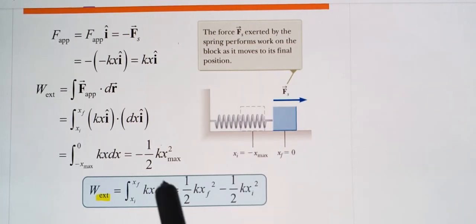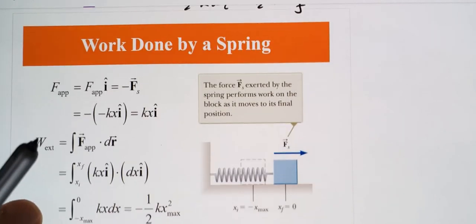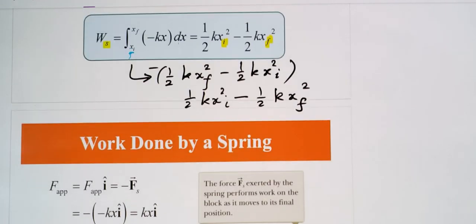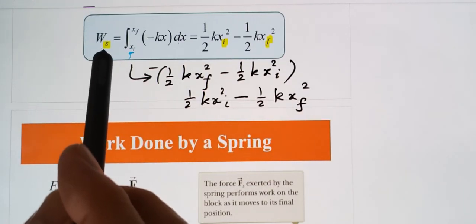And why is that? Well, because now our applied force is positive, and then we end up with the usual amount. And you see right away that work external is equal to minus the work of the spring.